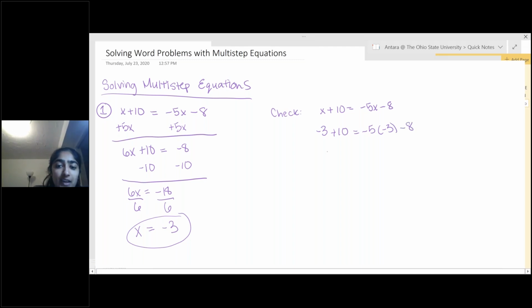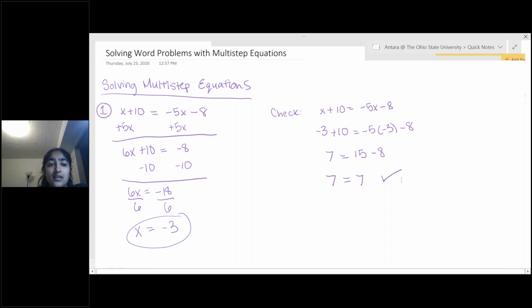On the left side, that'll be 7, and this equals negative 5 times negative 3, which is 15, minus 8. So 7 equals 7. Once we plug in the answer we got, the equation comes out true, since both sides are equal to each other.